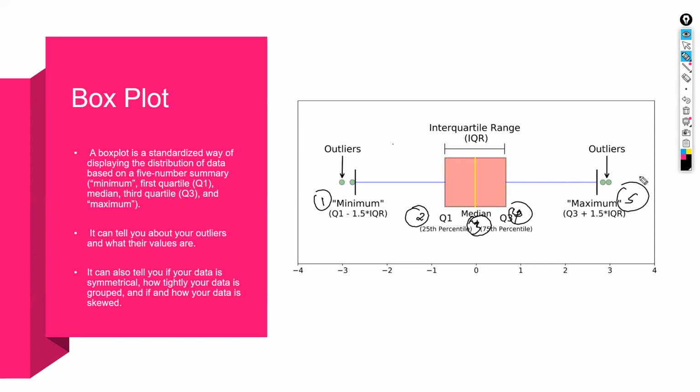Now what do all these tell you? They tell you about the outliers. You know what outliers are, right? I have explained it before, but I can still explain it to you. Suppose there is a class of some 10 students, just as an example.